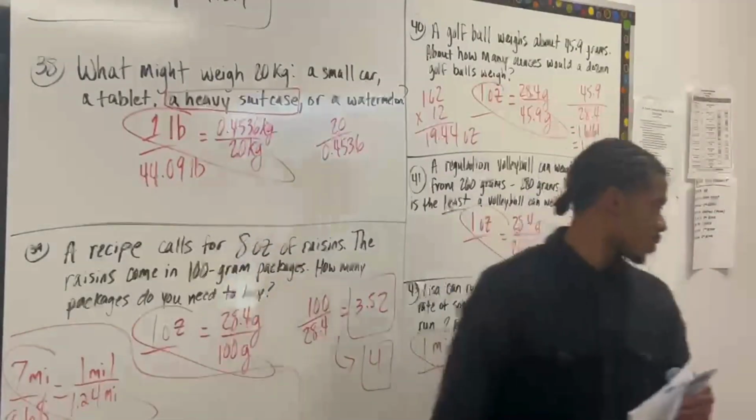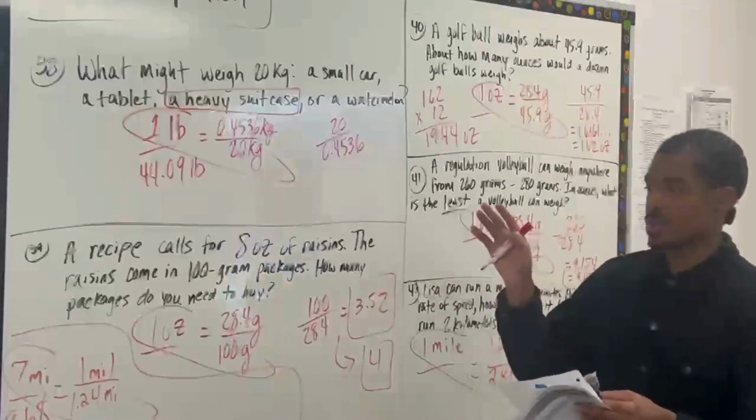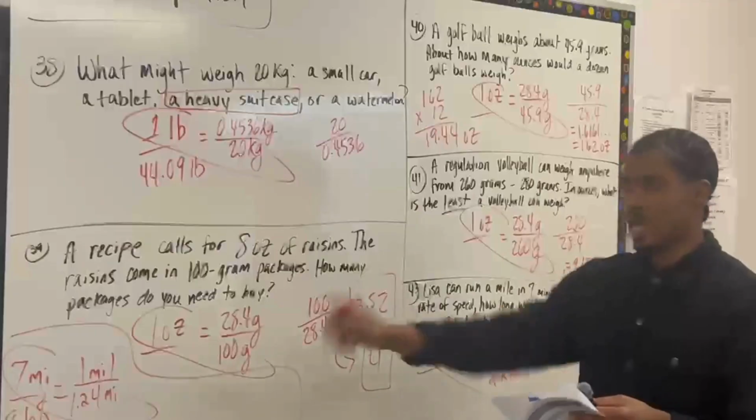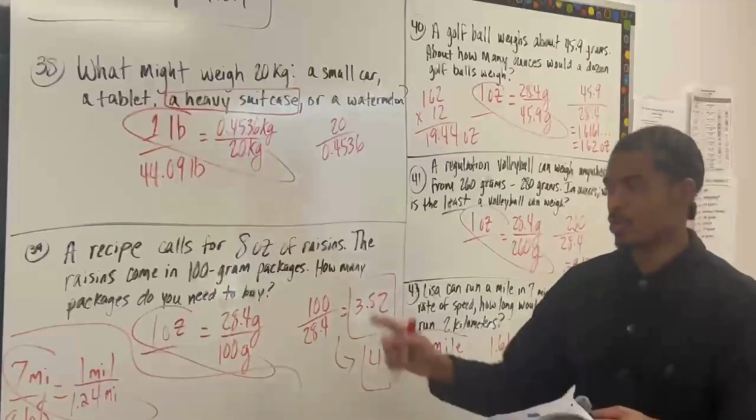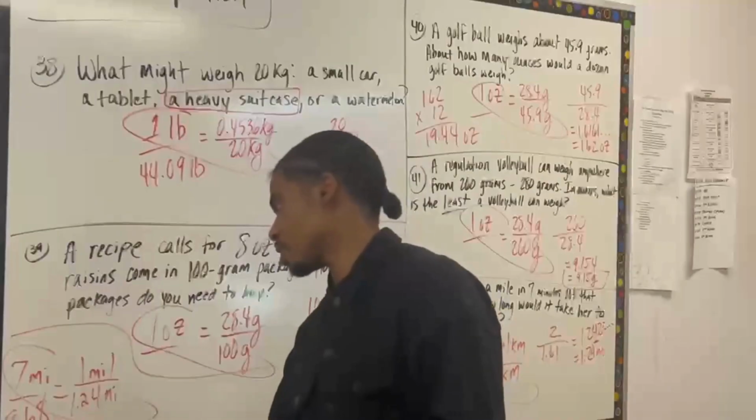Okay, and we're dealing with minutes, right? 8.68 is about 9 minutes, so we're going to round that to what? 9 minutes.